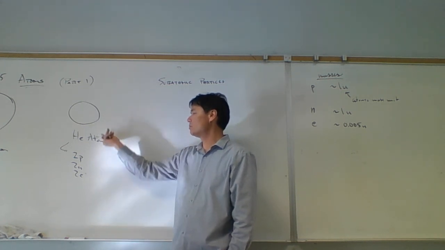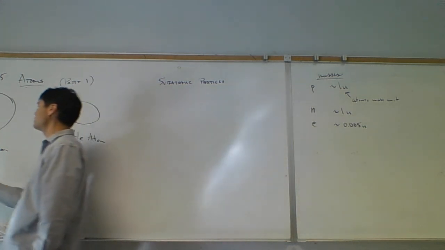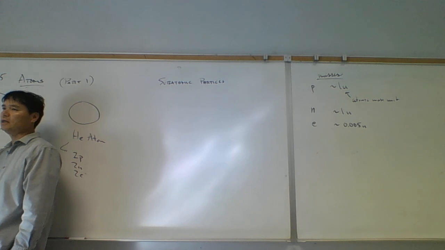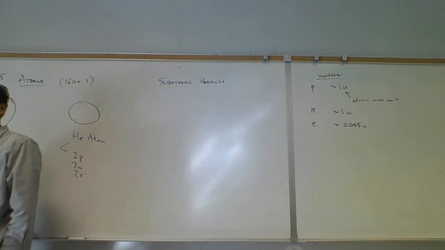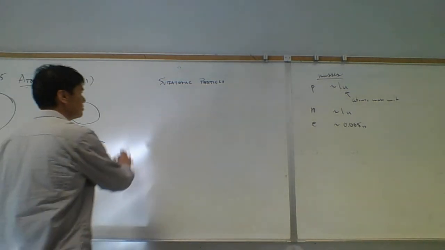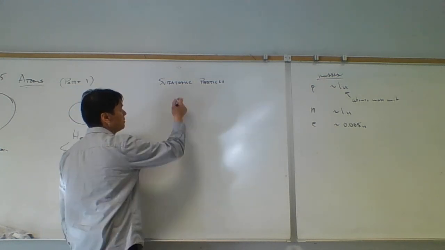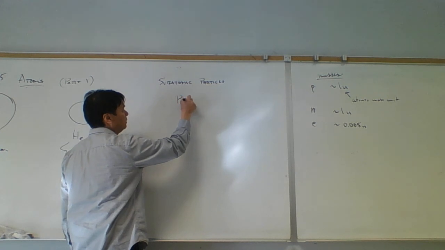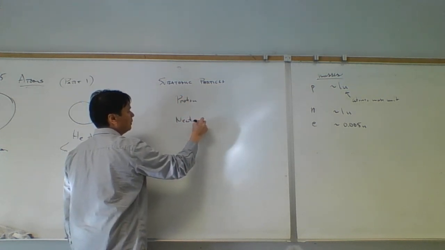But once we get into smaller pieces than that, we get protons, neutrons, electrons. With protons, neutrons, electrons, we can't differentiate between oxygen and helium or helium and hydrogen. There's no difference. The protons are all the same, the neutrons are all the same, electrons are all the same. And so this is why the atom is the smallest piece of an element that you can have. Now the subatomic particles: we have the proton, we have the neutron, we have the electron.